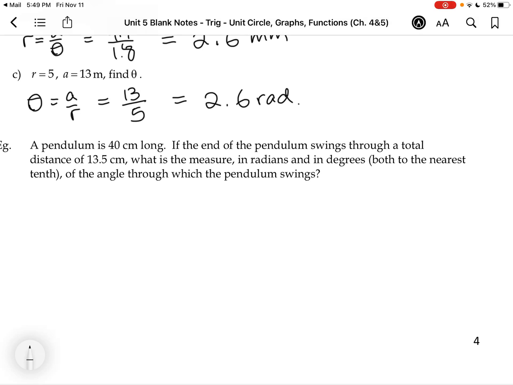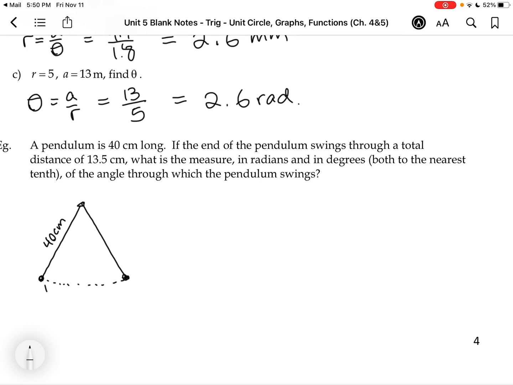If you're thinking about a pendulum swinging back and forth, it's going to swing around, making an arc, and then swing back and forth. So what we know here is that the pendulum is 40 centimeters long. That represents the radius of this sector.